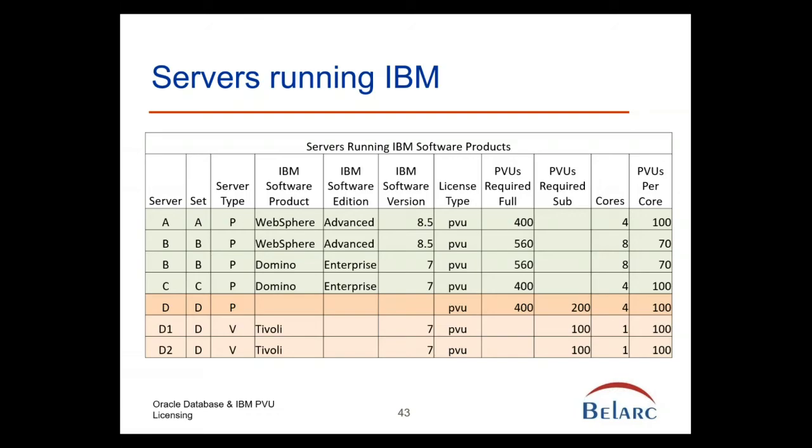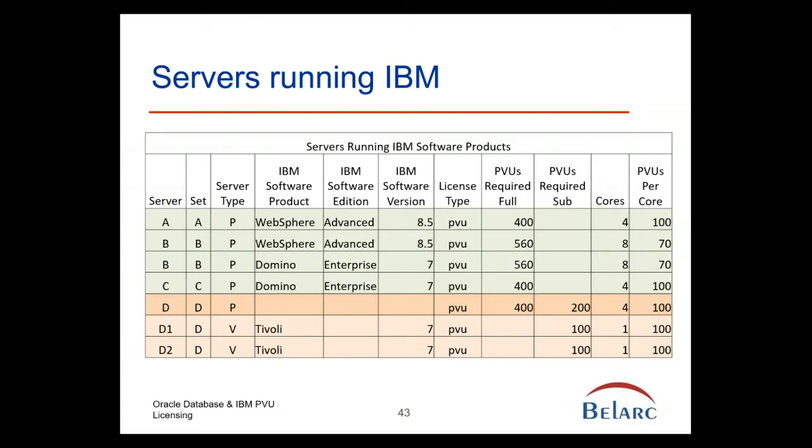In the case of the top rows, which are running on physical machines, there's no subcapacity option. On the other hand, down at the bottom where we have the Tivoli products running on VMs, we've calculated it both ways. So the bottom two rows, computing the number of PVUs for those virtual machines, are 100 for each one, as the virtual machine is just a single core.